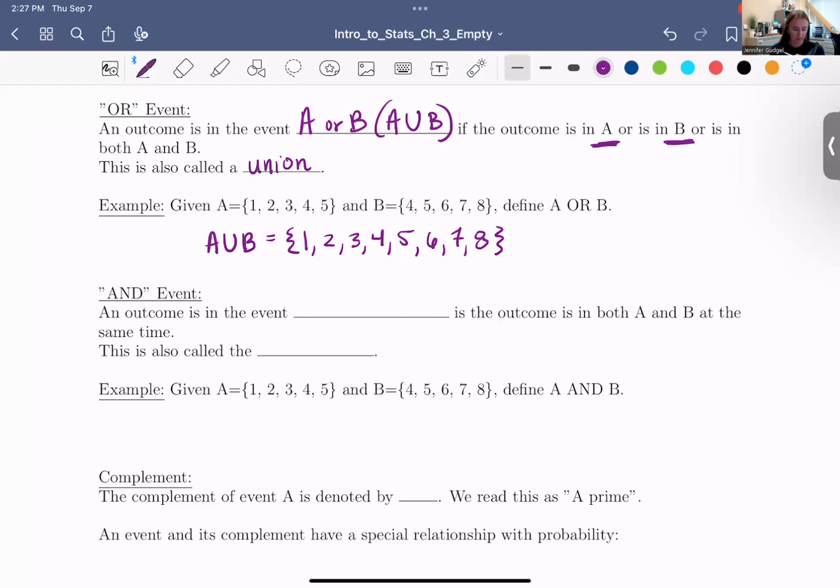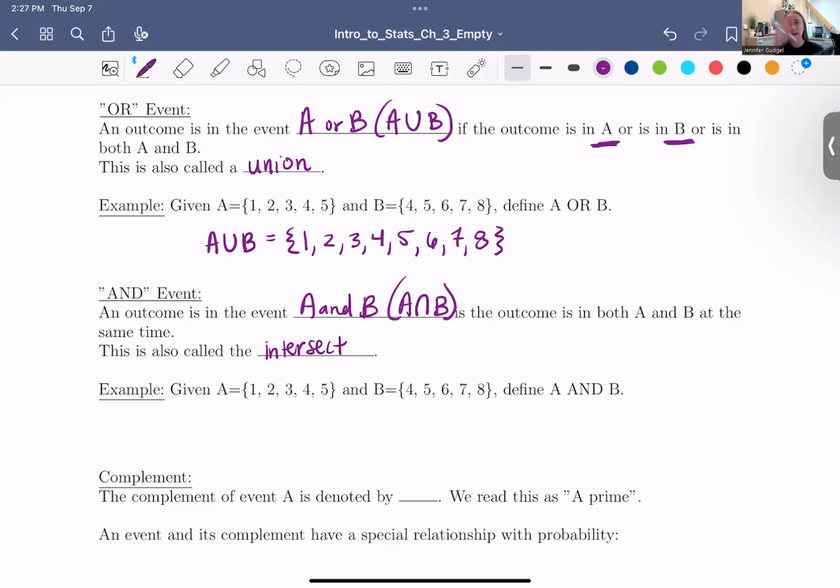an outcome is in the event A and B, which mathematically is written with this intersect symbol. It's an upside down U, all right? It's kind of a very rounded dome. We say it's in the intersect if it is in both A and B, it has to be that overlap area.